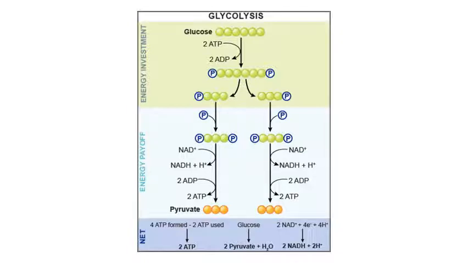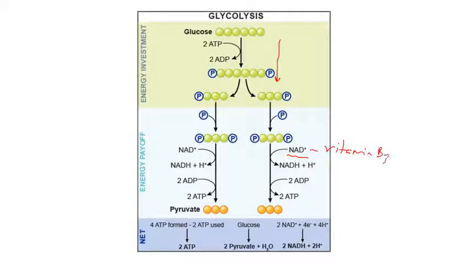Okay, so do not worry about this picture, but this is just an overview to show you what happens. Glucose gets split into 2. And then hydrogens are taken away from those 2 parts and given to this. It's called NAD. This is actually vitamin B3.